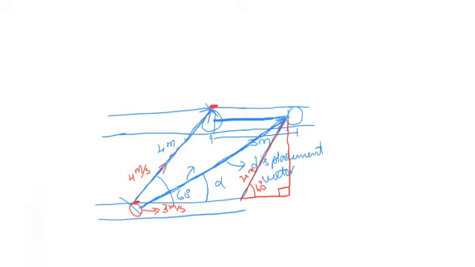So if that is 4 meters and this is 60 degrees, this is, let us say, X, and this is, let us say, Y. Then X by 4 is equal to cos 60.